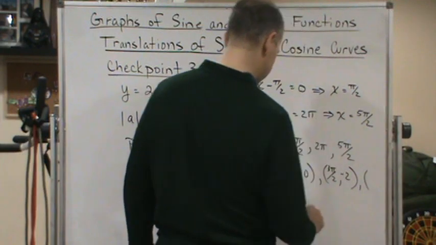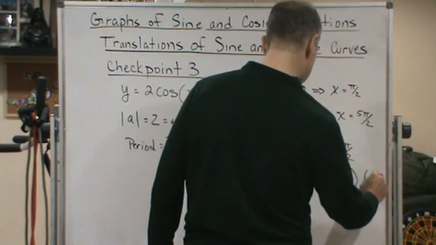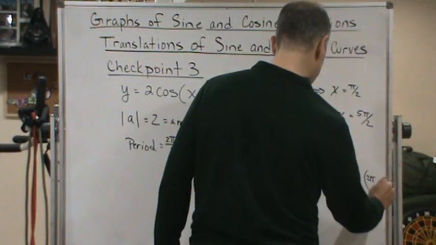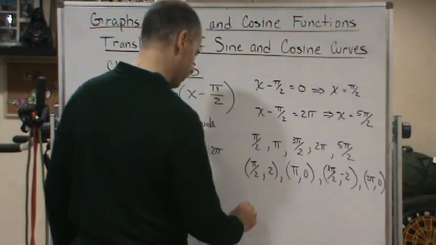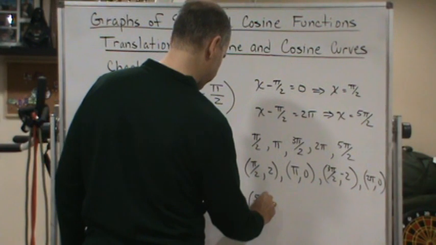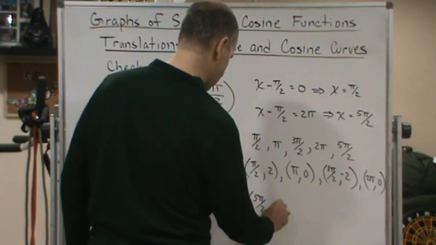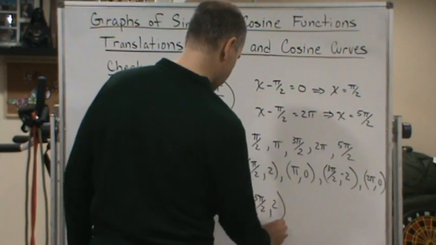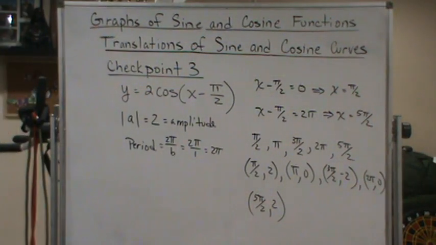The fourth point is going to be 2 pi comma 0. And the last point will be 5 pi over 2 comma 2. So right back where we started.